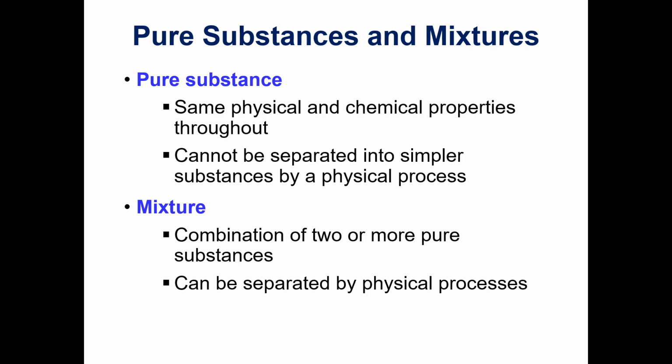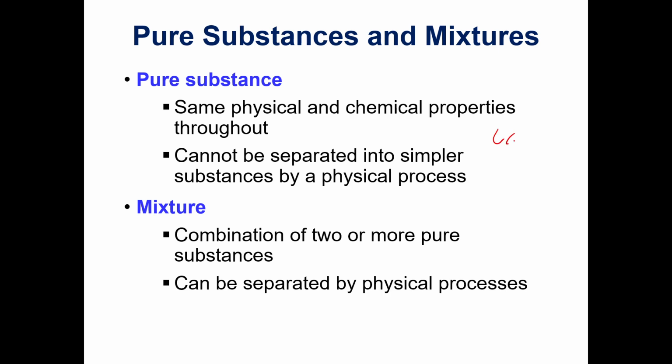We can further classify matter as pure substances or mixtures. A pure substance is something like an element or a compound that has the same physical and chemical properties throughout. In a pure substance, we can't separate it into a simpler substance by a physical process.